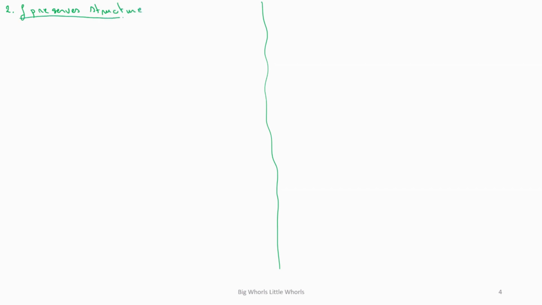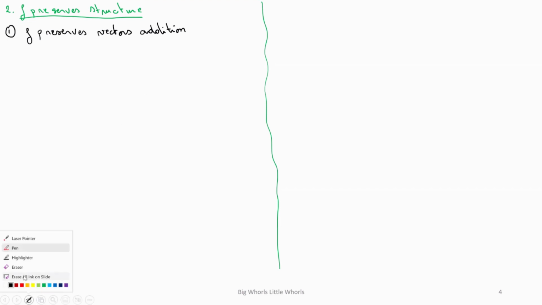And by f preserves structure, we mean f preserves vector addition. How do we prove that?